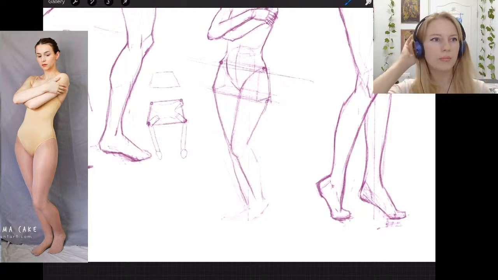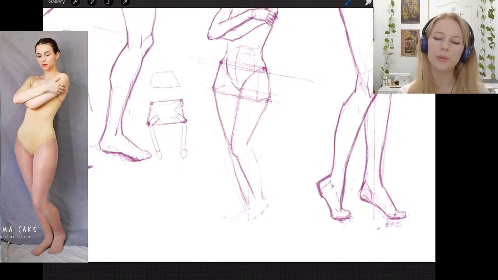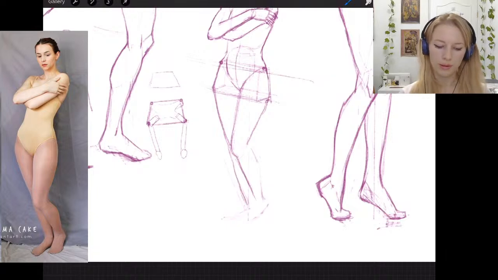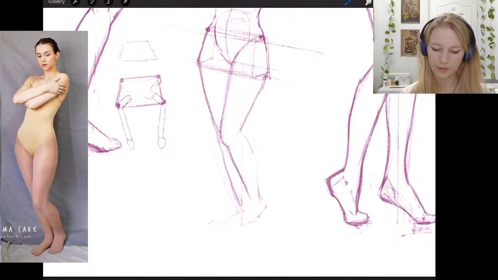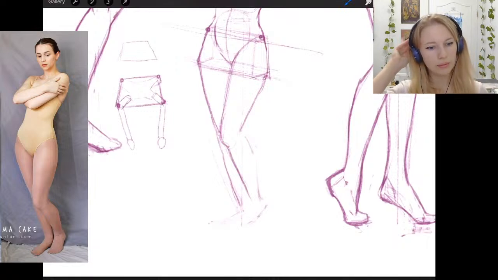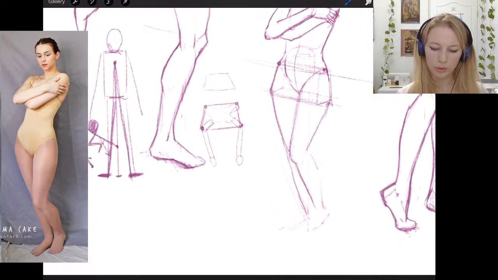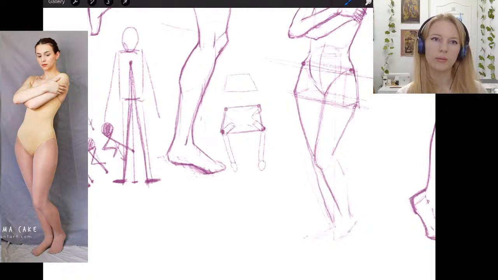So this is why I try to simplify shapes. Just try to simplify them to geometric shapes, like cylinders or circles. And it definitely helps. I would also do this sort of super easy studies to understand how everything works.